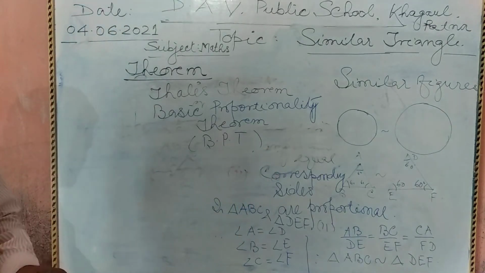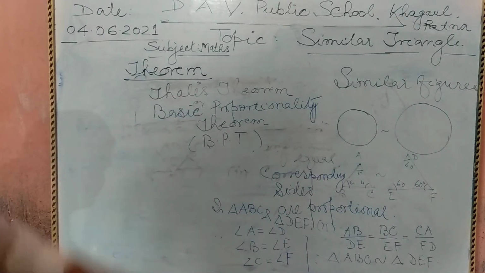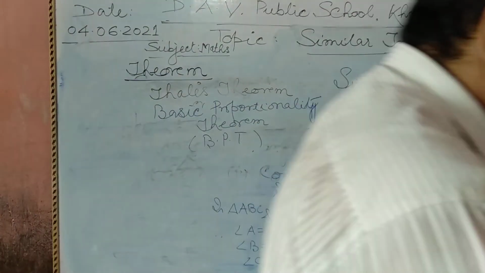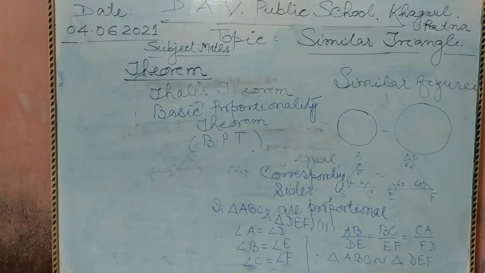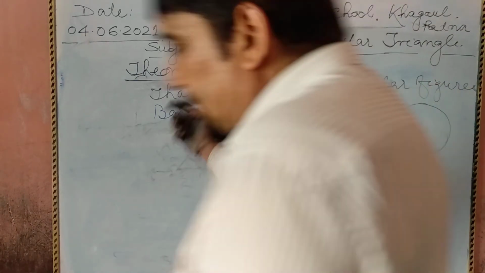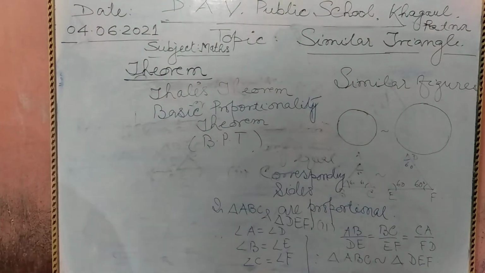Since Thales was the Greek mathematician who proposed this theorem in triangles, that's why this theorem is known as Thales theorem, and it is also known as basic proportionality theorem. It is for all triangles.